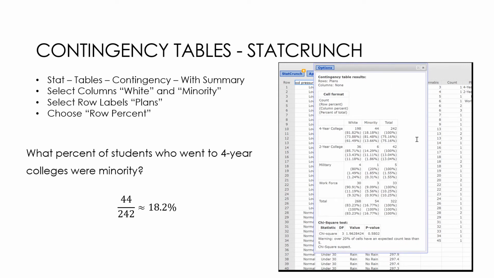The advantage here is that I wouldn't have to keep going back into my options and selecting different rows or columns, etc. The disadvantage obviously is that there's so much going on in my table that it might be really difficult to keep straight what's what. So that's another option for you if you want. Notice it does tell me that it's the count and then the row percent and then the column percent and the percent of total. So if you want to do it that way, that's certainly a way that you can go about it as well.